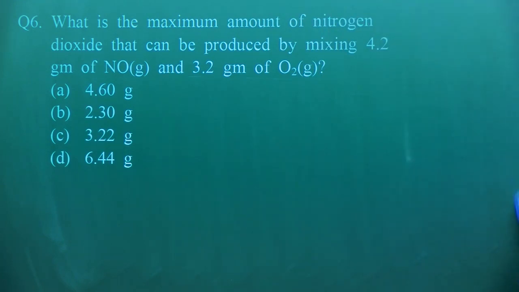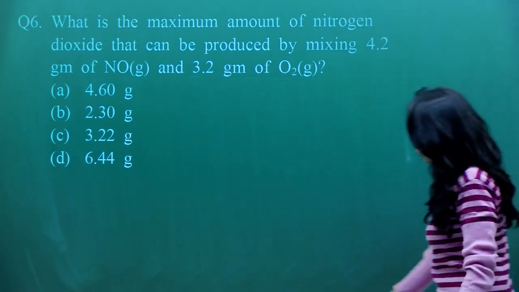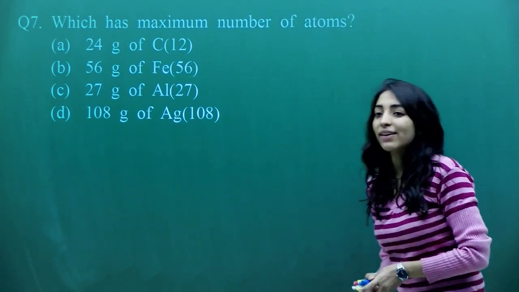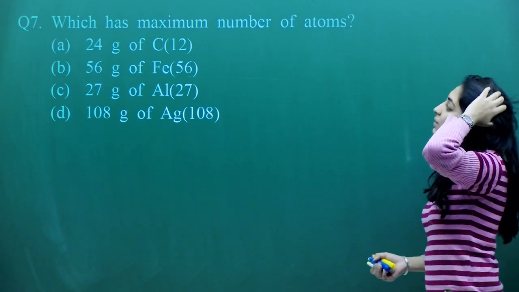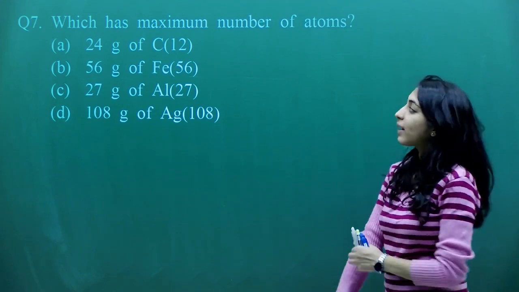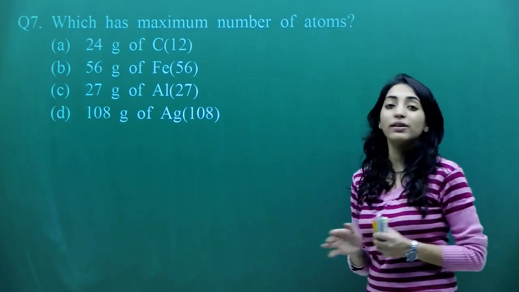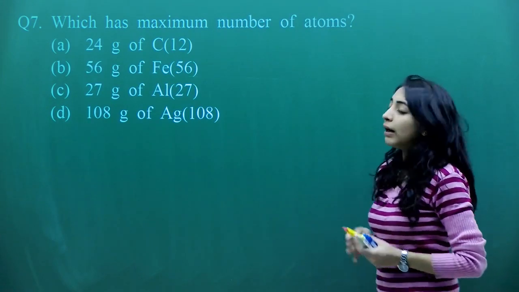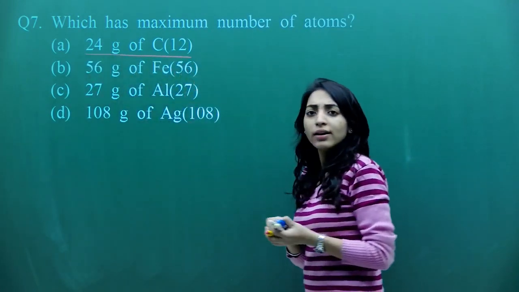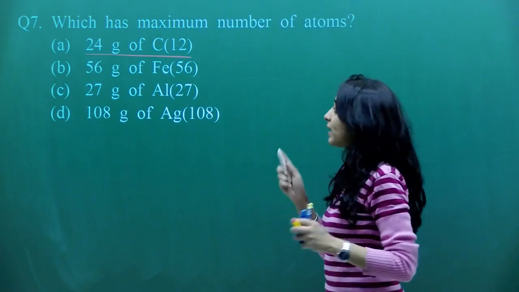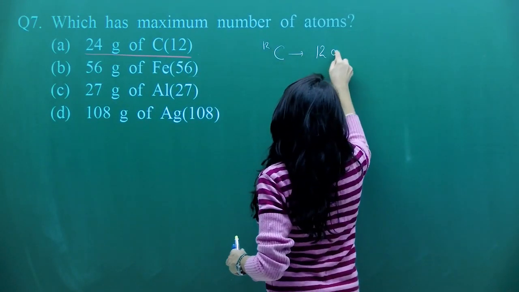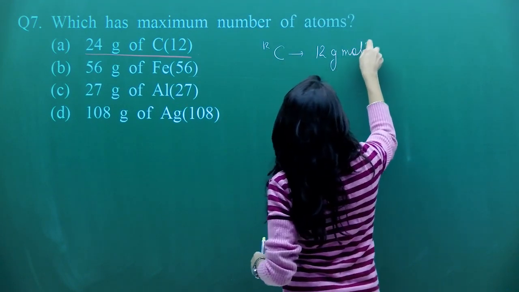So guys, let's see what is the question number 7 in store for you. Okay, so question number 7 is, which has maximum number of atoms? So we simply need to find out the maximum number of atoms are present in which of them. First is 24 grams of C12. We need to find the number of atoms, so be careful. Carbon 12 can be written as 12 grams per mole.